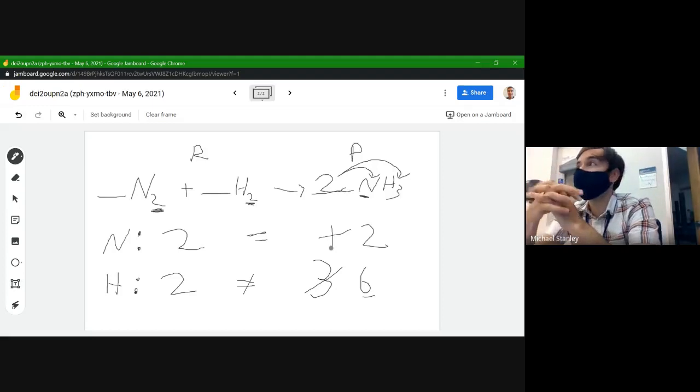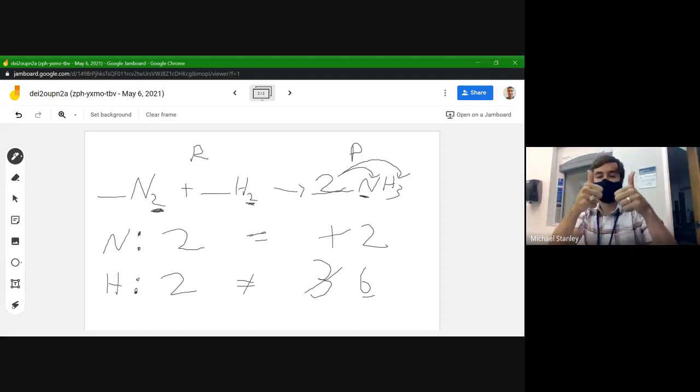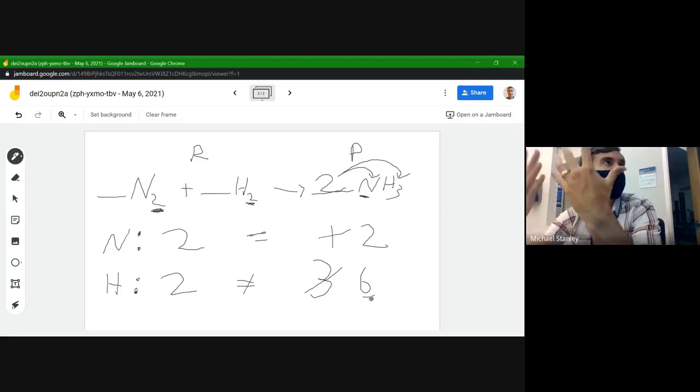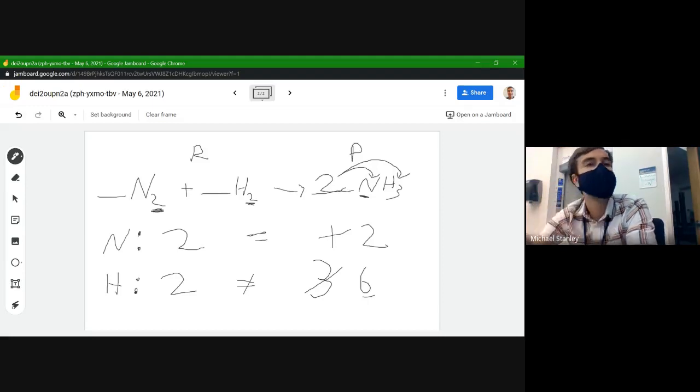So our nitrogens are balanced. Hey, we did it. Good job. Hydrogens, though, still not balanced, still not the same. That might be an issue. So I'm thinking, I don't want to do anything more on the product side. We already balanced our nitrogens, and it caused us to get this big number of hydrogens.